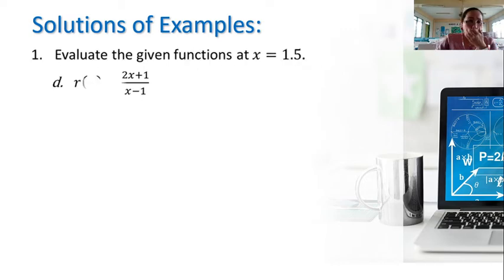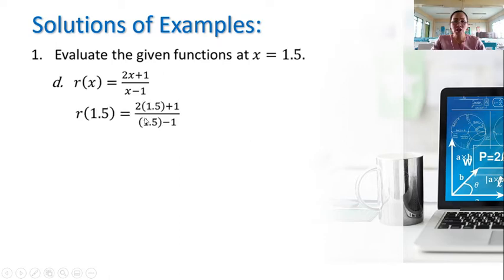Okay, for letter D, function r of x, which is equal to 2x plus 1 all over x minus 1, all x's have to be replaced with 1.5, on both sides of the equation. So this becomes r of 1.5 is equal to 2 times 1.5 plus 1 all over 1.5 minus 1.